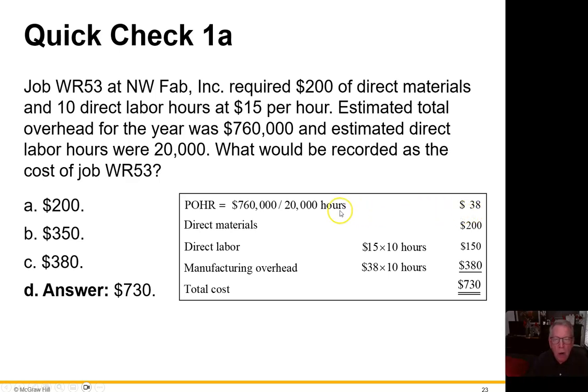But here we calculate the predetermined overhead rate at $38, direct materials, direct labor, and then our manufacturing overhead is $38 times 10 hours or $380, total $730.